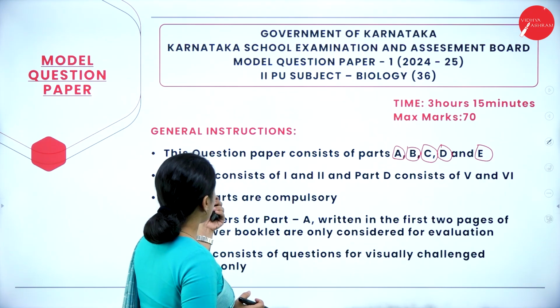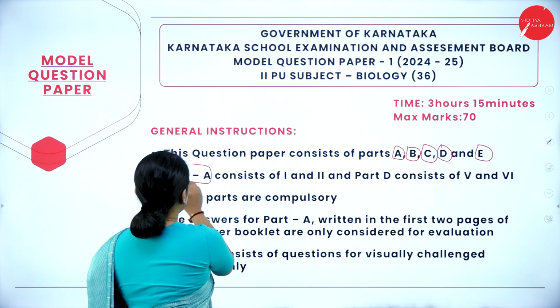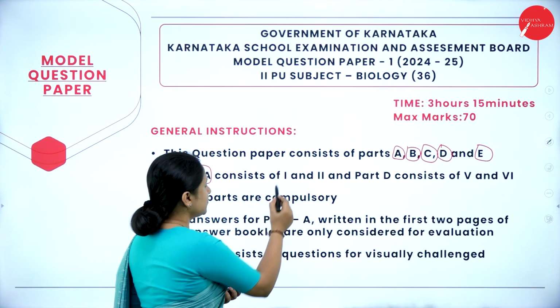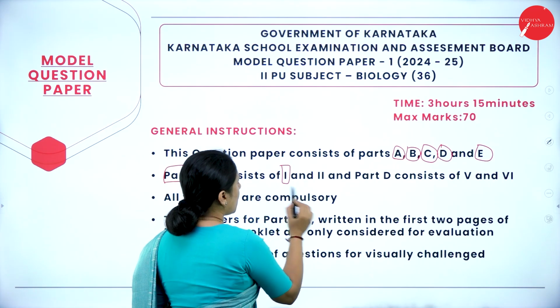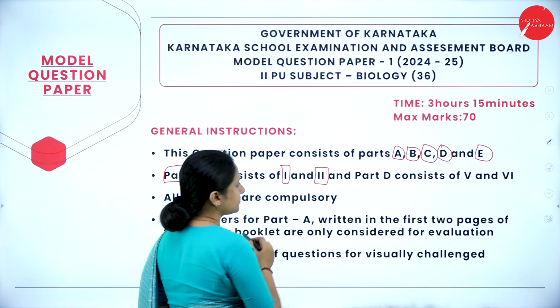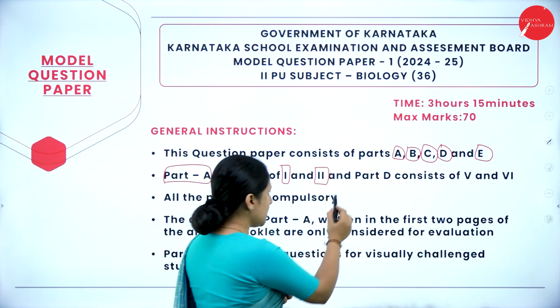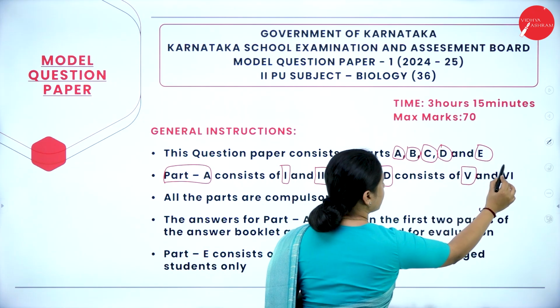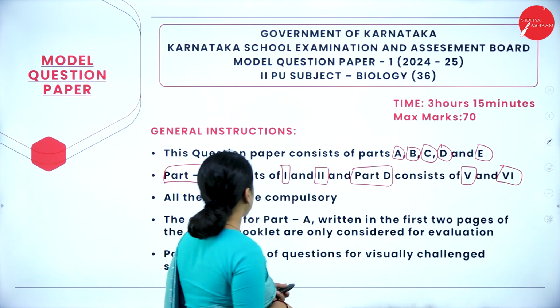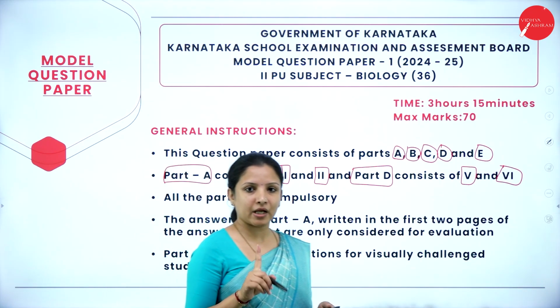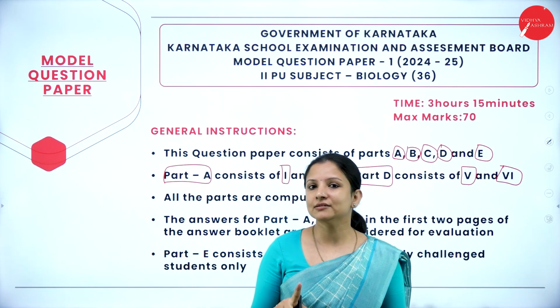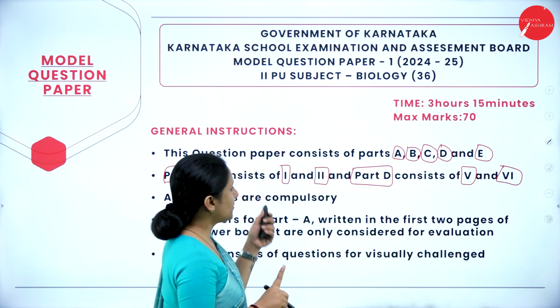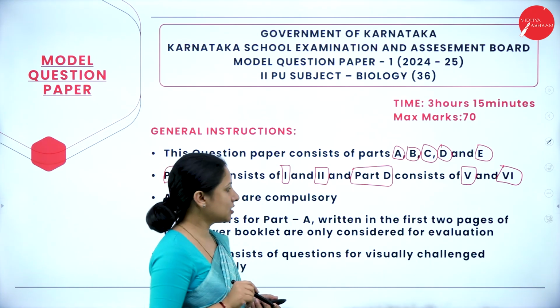Next is part A. It consists of 2 divisions, that is main 1 and main 2. In the same way, part D also consists of 2 divisions, that is main 5 and main 6. Part A, which consists of 2 divisions, main 1 and main 2, carries 1 mark each, and part D carries 5 marks each.